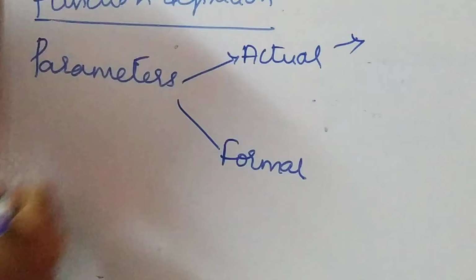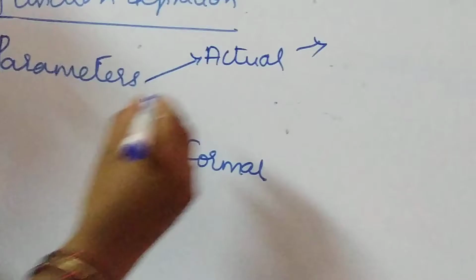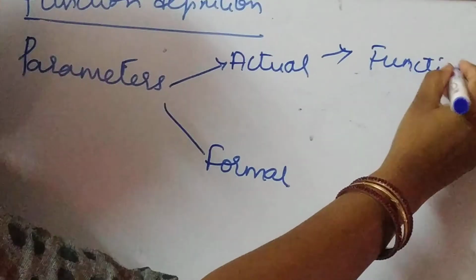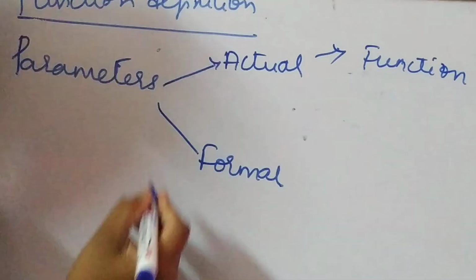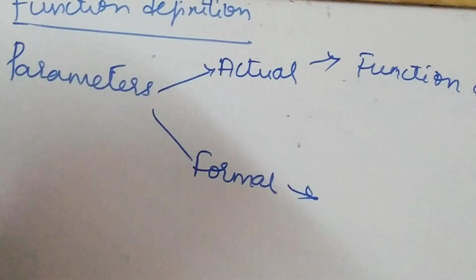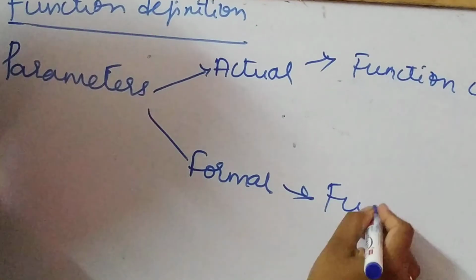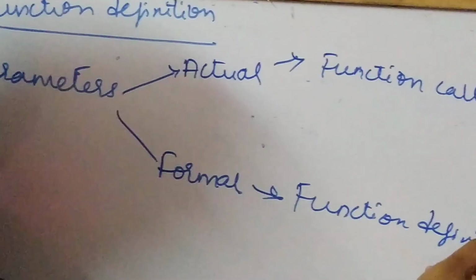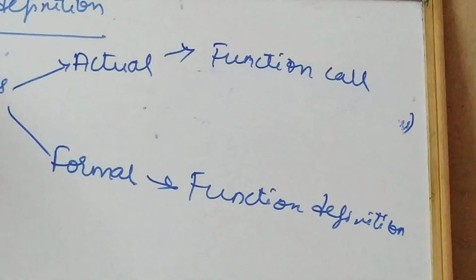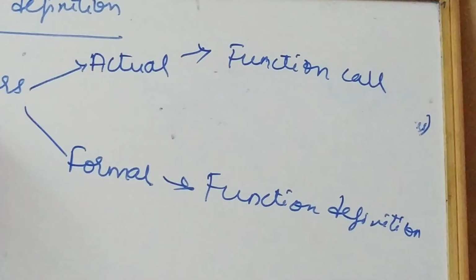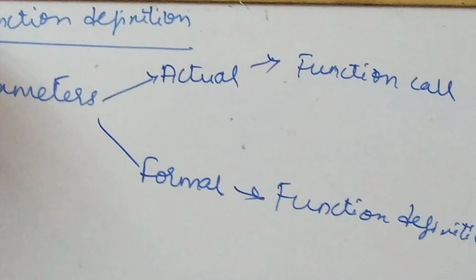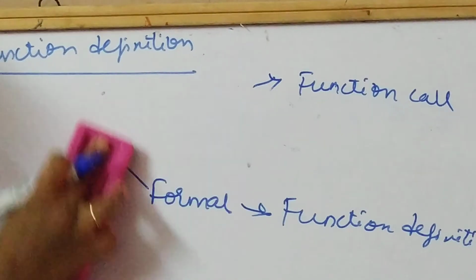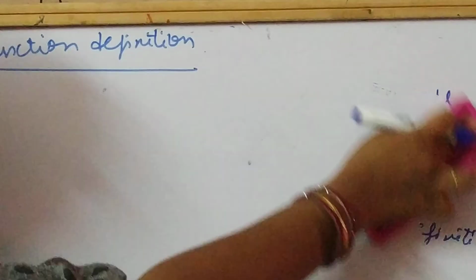The parameters which are written in the function call are called actual parameters, and the parameters which are written in the function definition are called formal parameters. So these are the two types of parameters. All these are the basic concepts you should know before writing a function program.